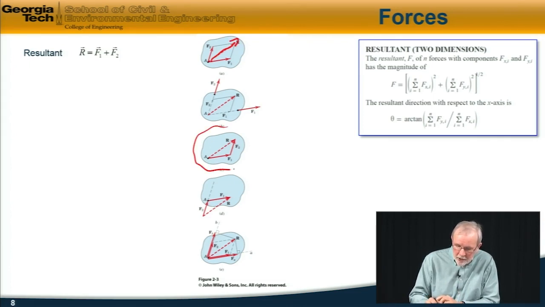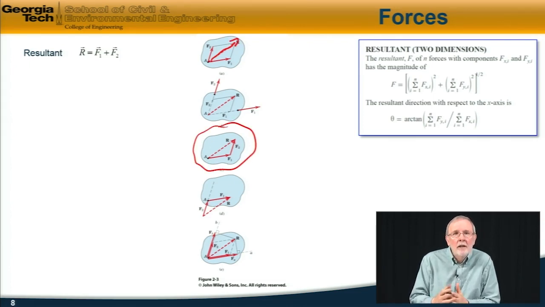Or we can get this resultant force by adding the forces vectorially from head to tail. We get the same result. The resultant force is the final force which closes the force polygon after we've added them all together. So the relevant section from the reference manual is shown over on the right here.